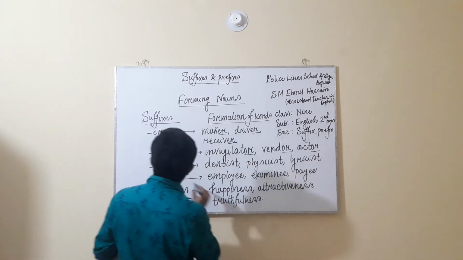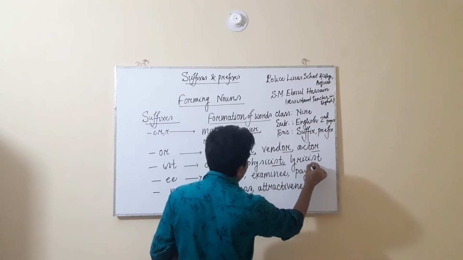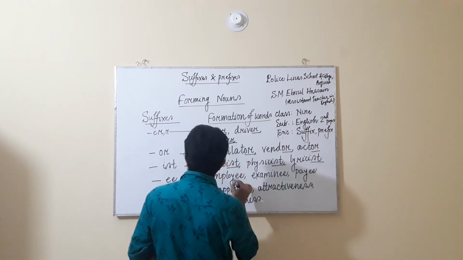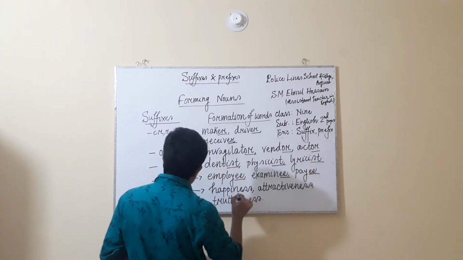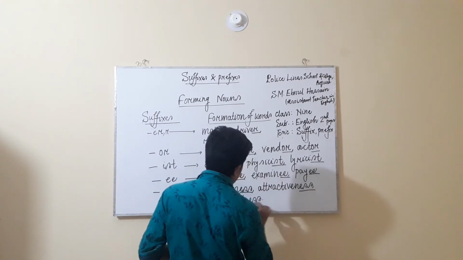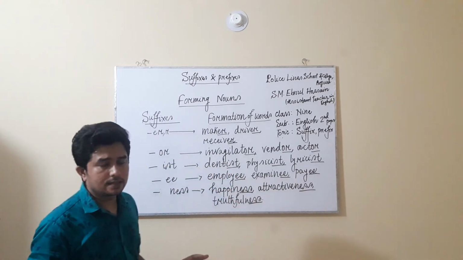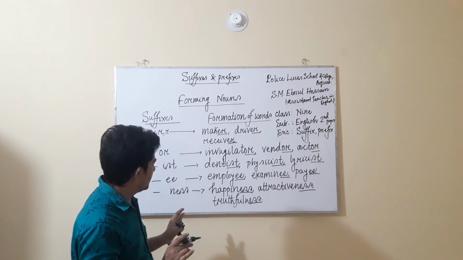Here the suffix IST is added at the end of the word, EE, NESS. So we can see that all the suffixes are added at the end of the word.